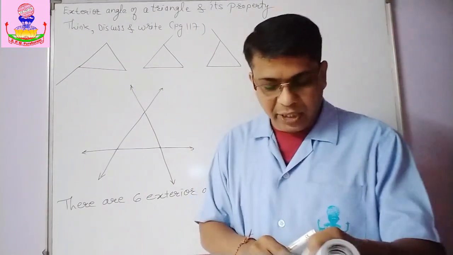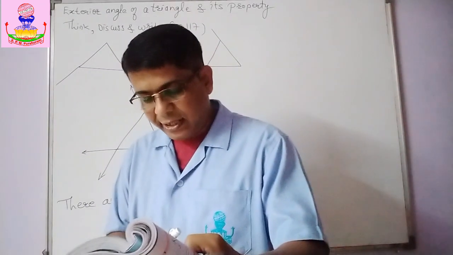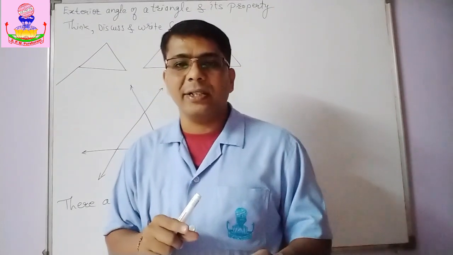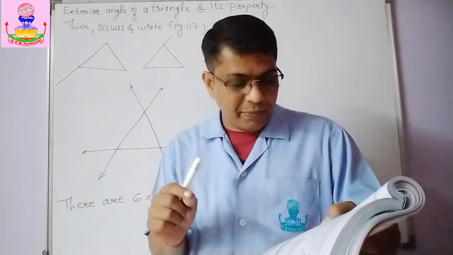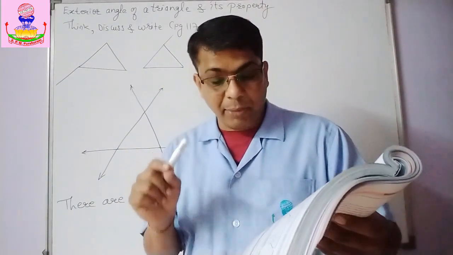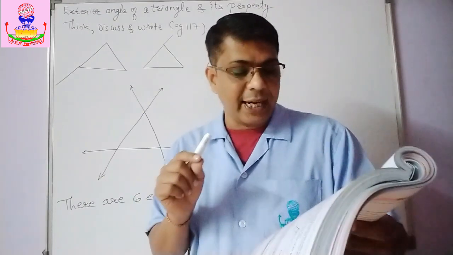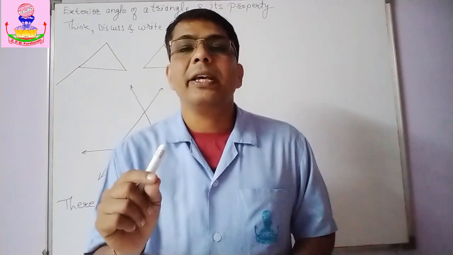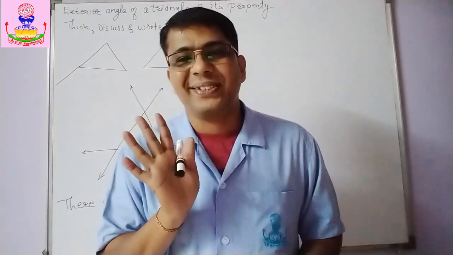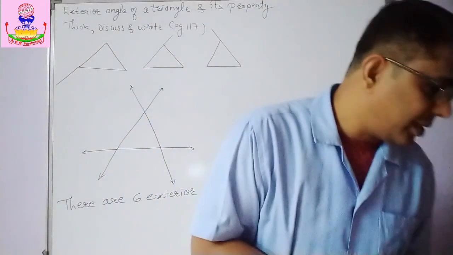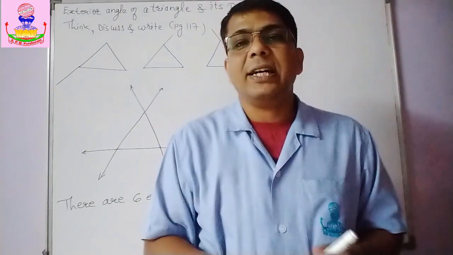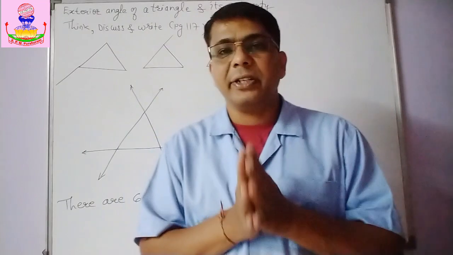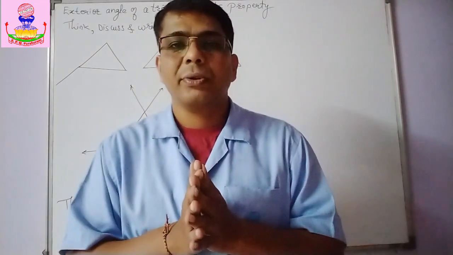And so their sum is always 180 degree. Okay. So that is the answer for the third. What can you say about the sum of the exterior angle of a triangle and its adjacent interior angle? So the sum of an exterior angle of a triangle and its adjacent interior angle is 180 degree because they are linear pair angles.